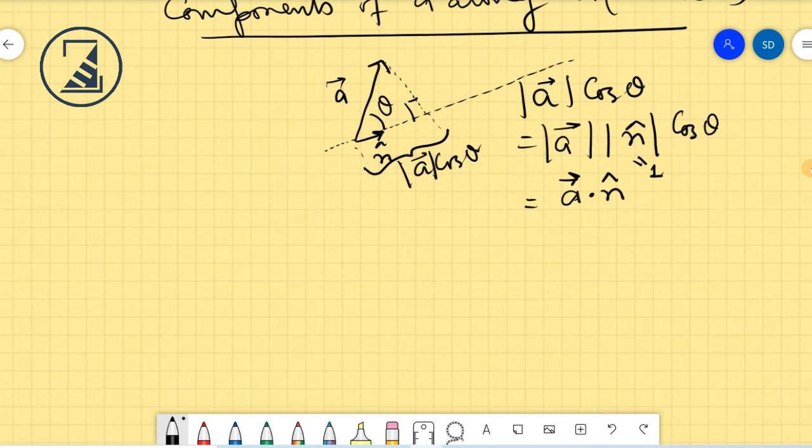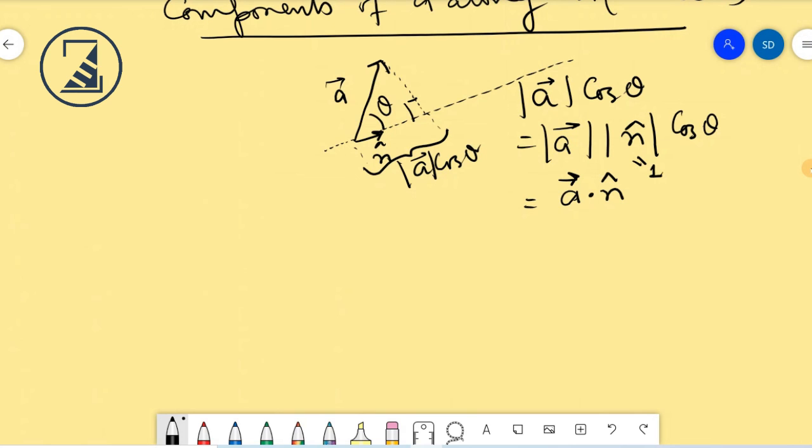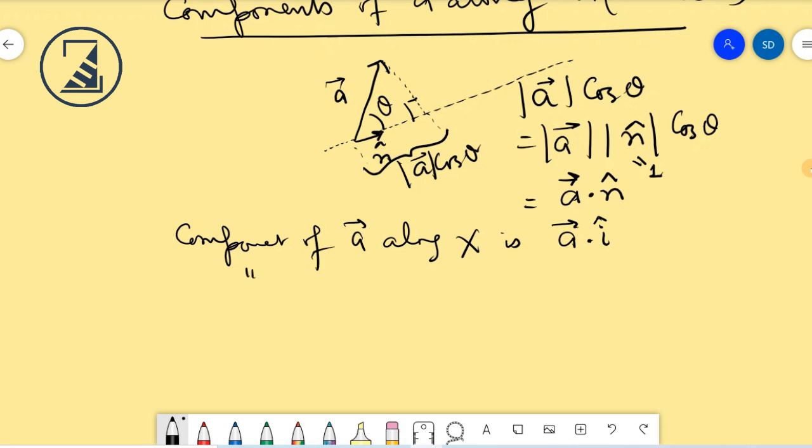So the component of a along x is a vector dot i cap, along y it is a vector dot j cap, and along z it is a vector dot k cap.